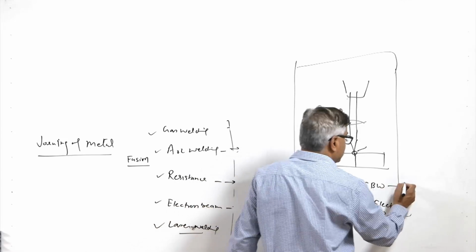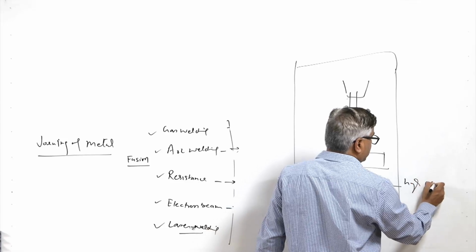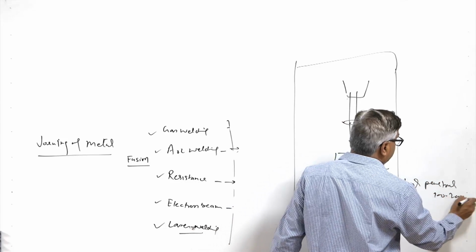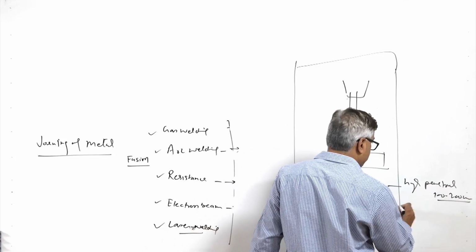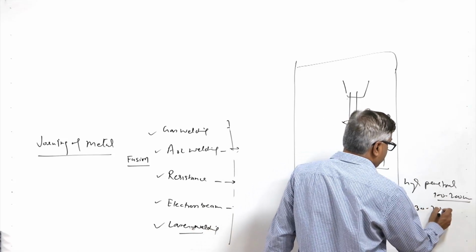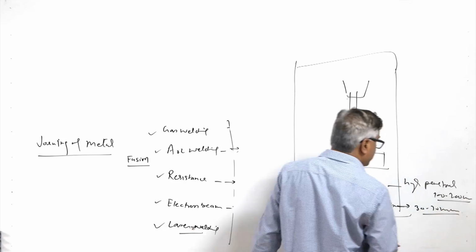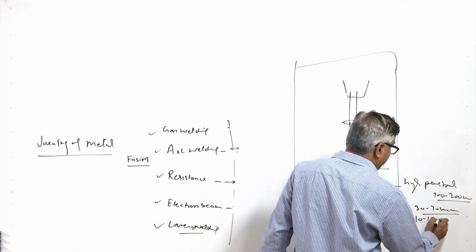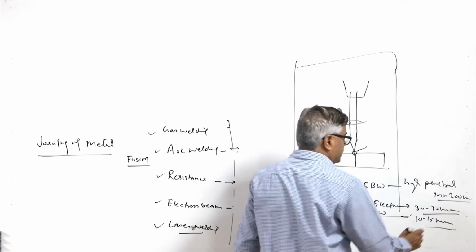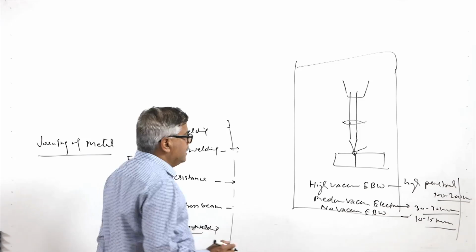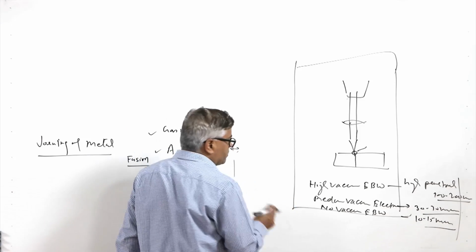The high vacuum results in high penetration, like 100 to 200 mm in thickness. The medium vacuum results in somewhat lower penetration depth, like 30 to 70 mm, and the no vacuum process gives like 10 to 15 mm thickness of penetration.